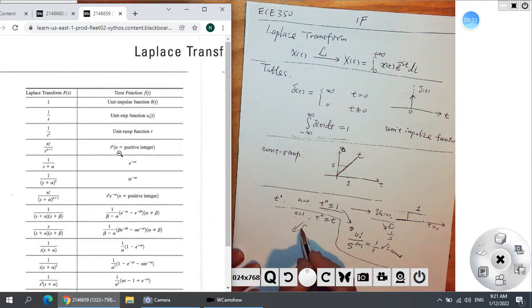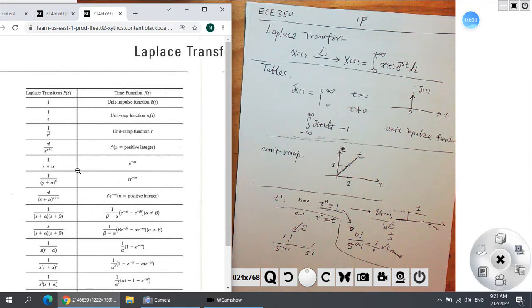By Laplace transform we have 1 factorial over s to the 1 plus 1, which is 1 over s squared, the same as the third term. So this fourth one is a general case that includes the second line and the third line. Okay, so these are the 1, 2, 3, 4.